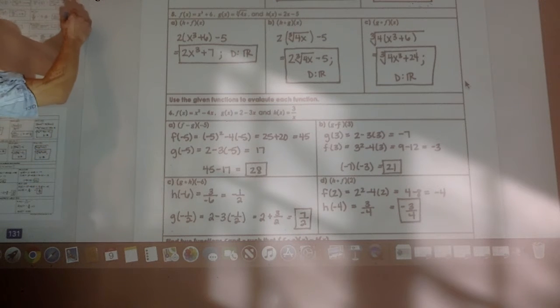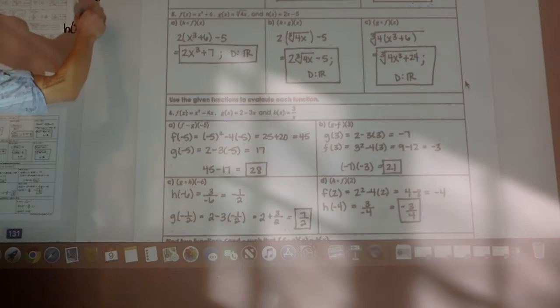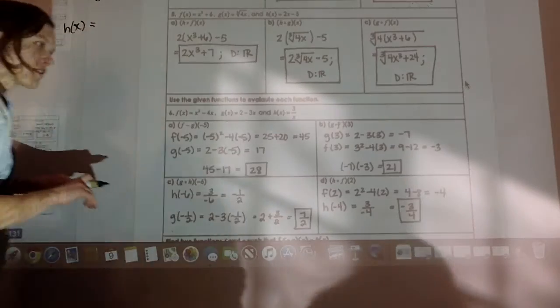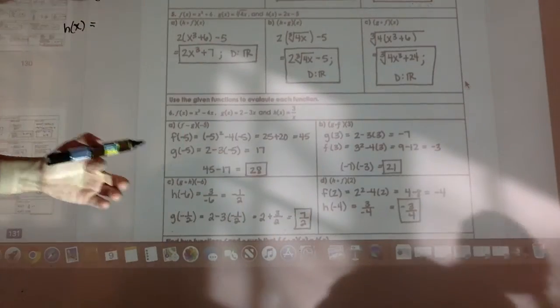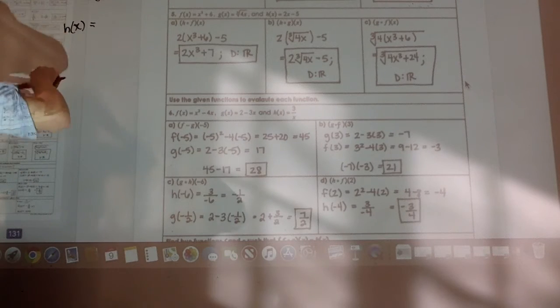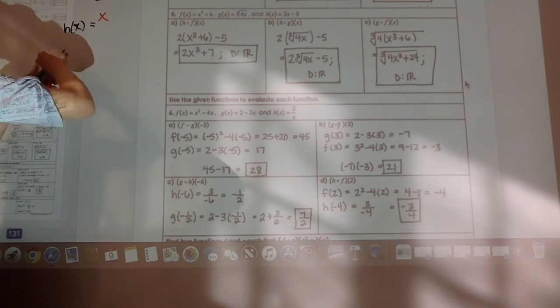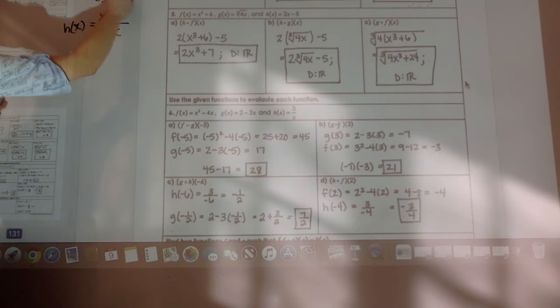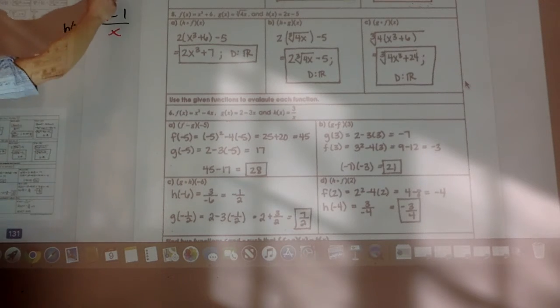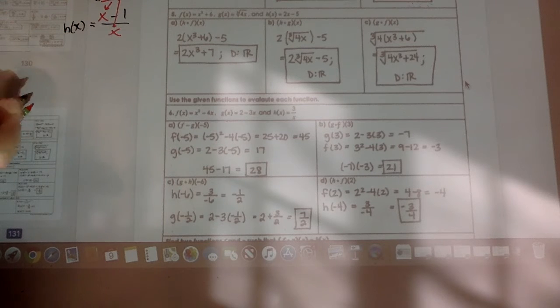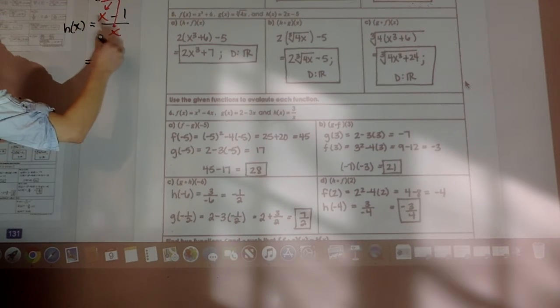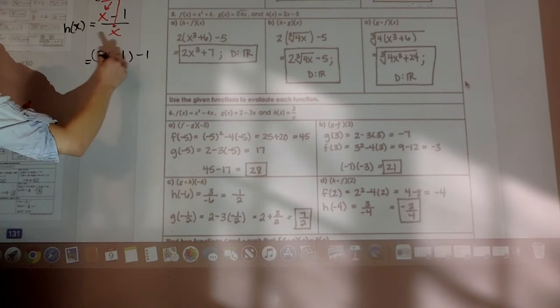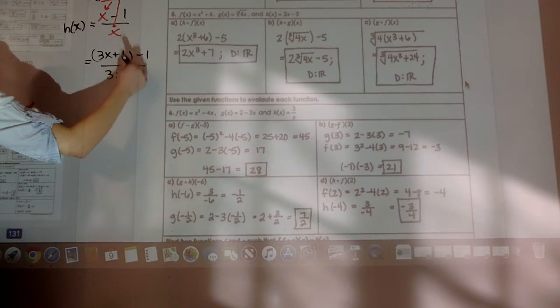So I have h of x equals x minus 1 over x. So I'm plugging this in for my x's here. So I have 3x plus 1 minus 1 over 3x plus 1.